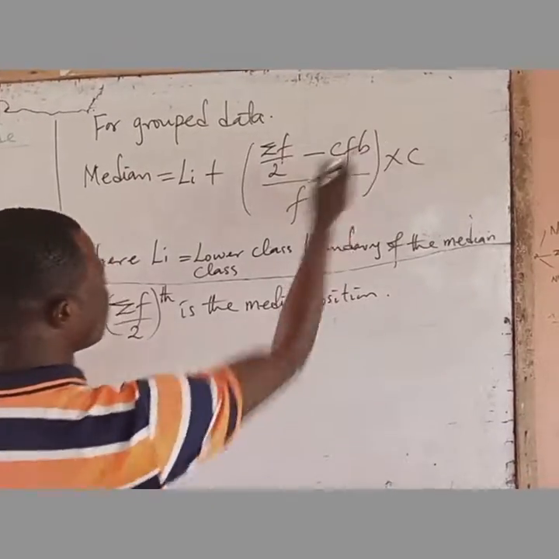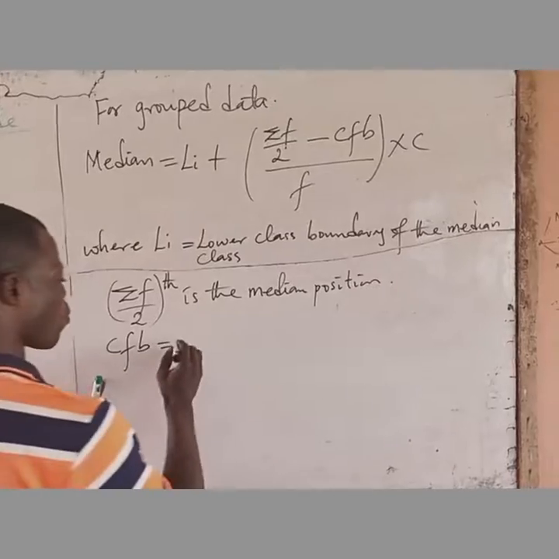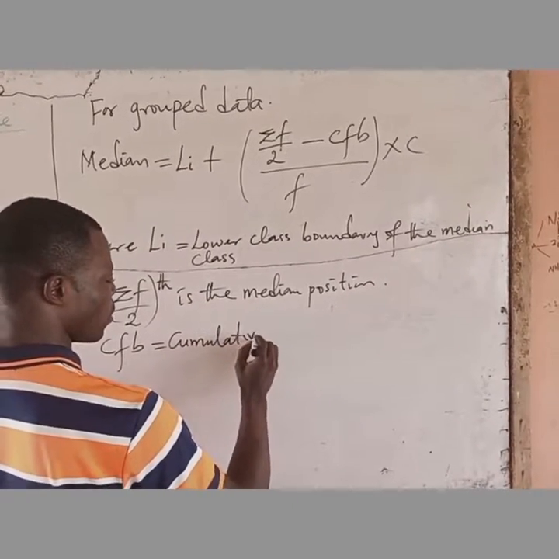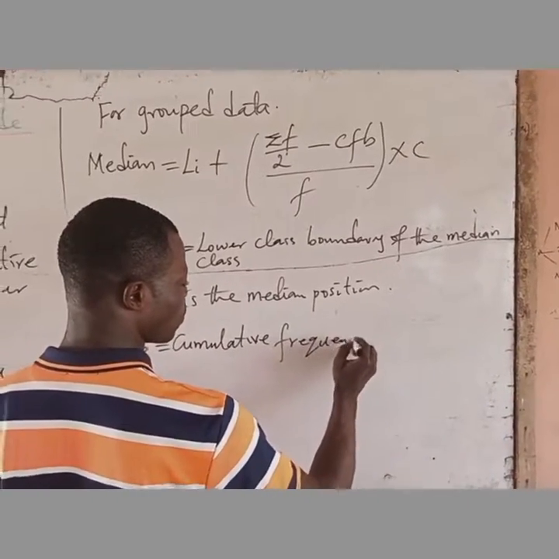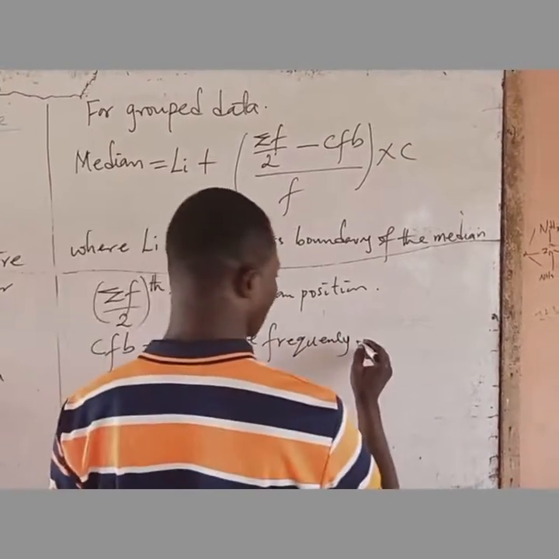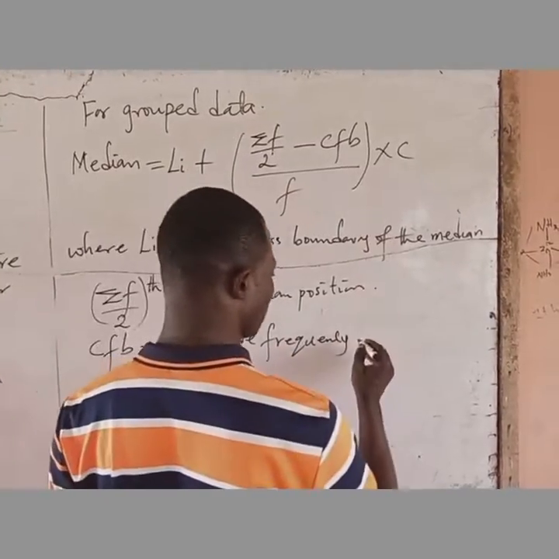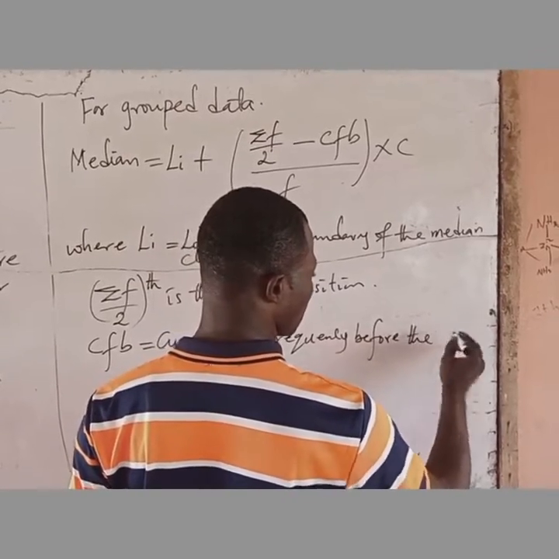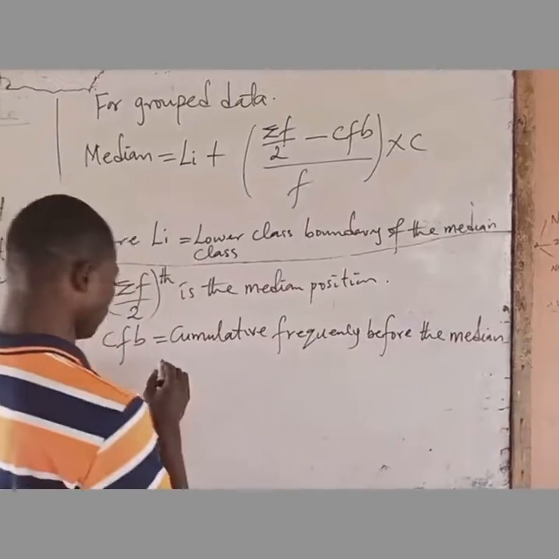Then CFB is equal to the cumulative frequency before the median class.